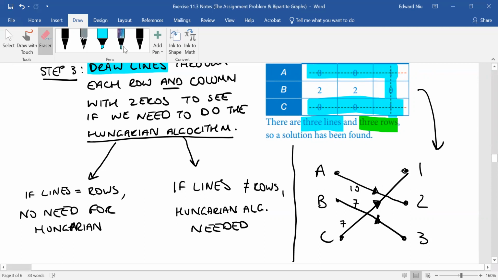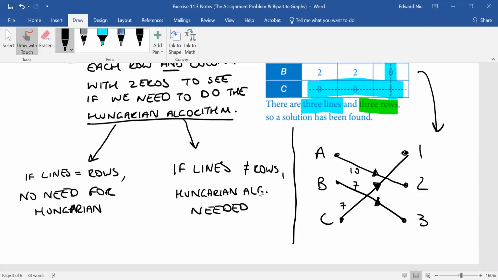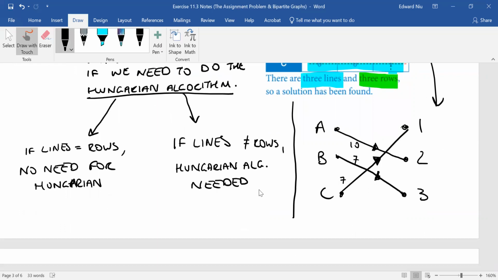So therefore 24 hours. So 10, 17, 24 is going to be the most efficient time.